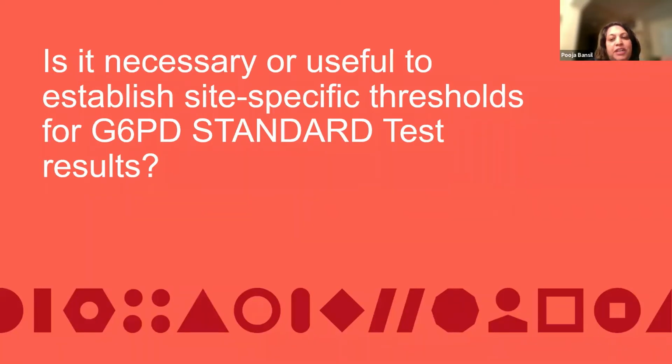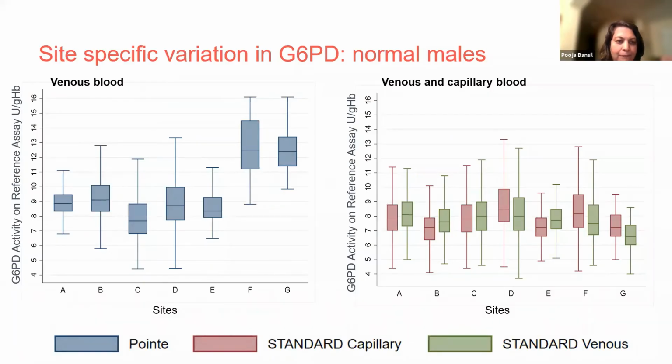Is it necessary or useful to establish site-specific thresholds for standard G6PD test results? Next slide. So these figures show the median and interquartile ranges for normal males across several sites.